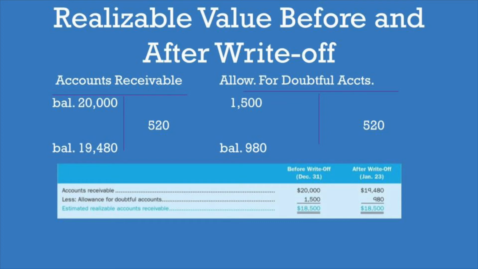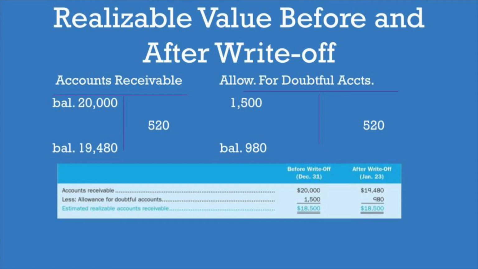If we look at here, for example, the accounts receivable before the write-off, which was December 31st, was $20,000, and we put in this less $1,500 for doubtful accounts. So we estimated our doubtful accounts to be $1,500. So the true net realizable value of the accounts receivable was $18,500.